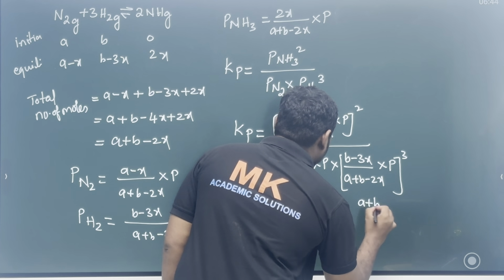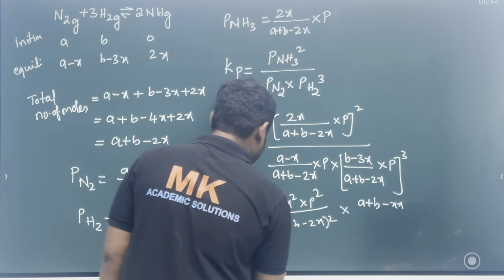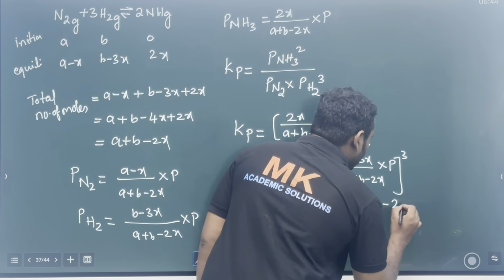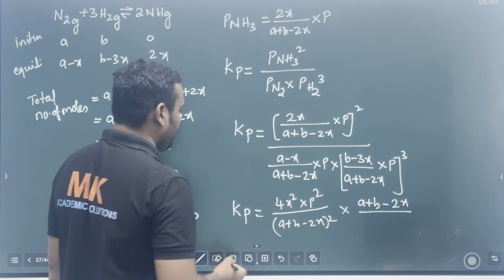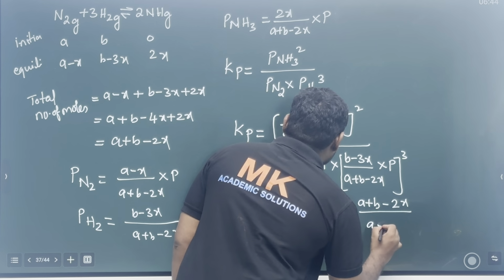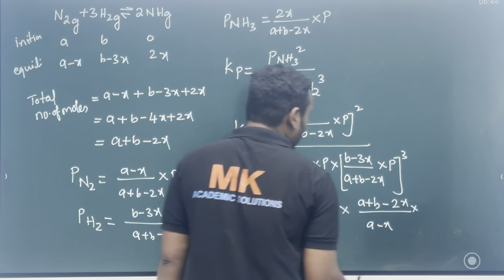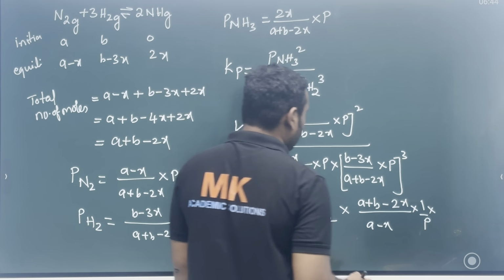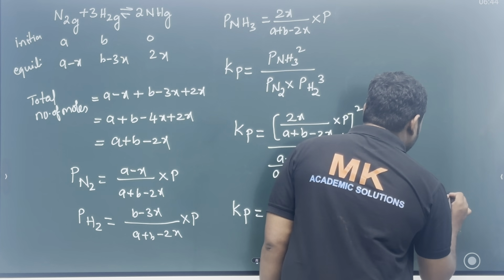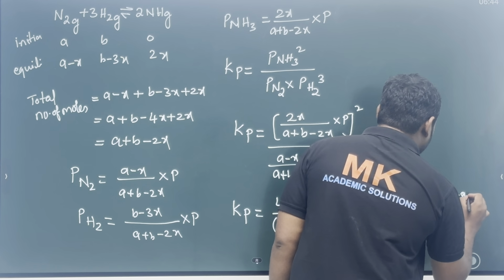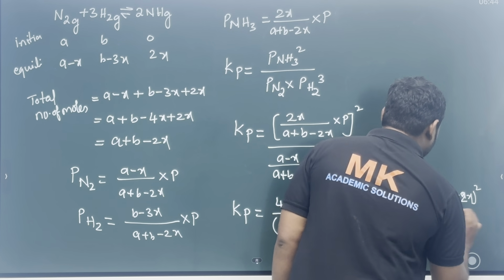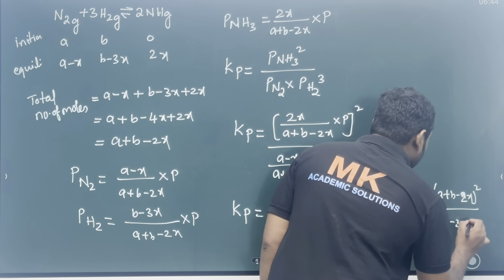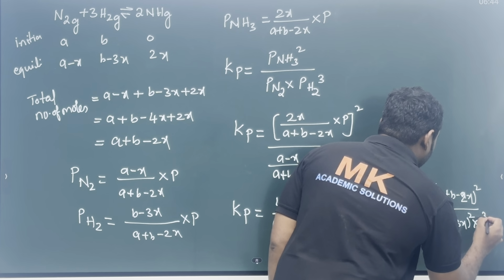If you make inversion, what will you get here? A plus B minus 2x by A minus x into 1 by P into A plus B minus 2x whole cube by B minus 3x cube into P cube.